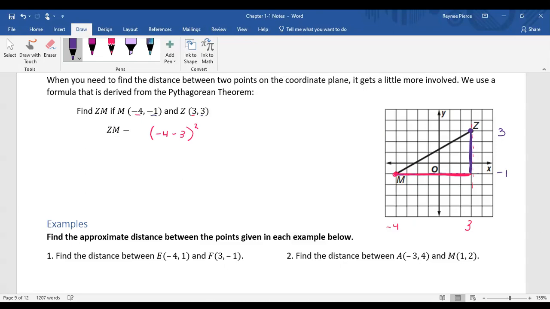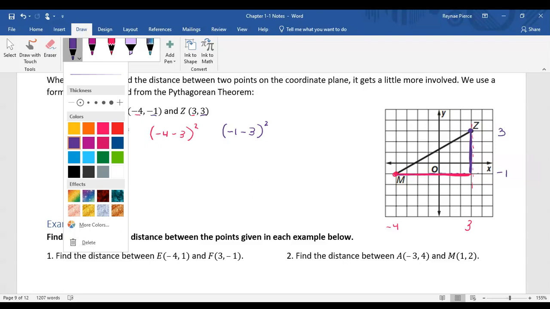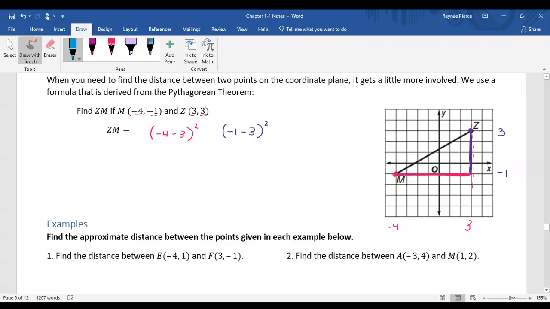And again, you can see that here in our coordinate points that were given. Okay, and what we're going to do is add those, and after we add them, find the square root of everything.